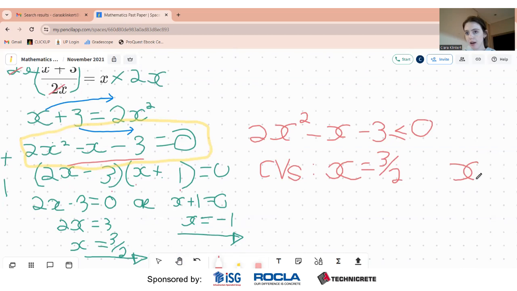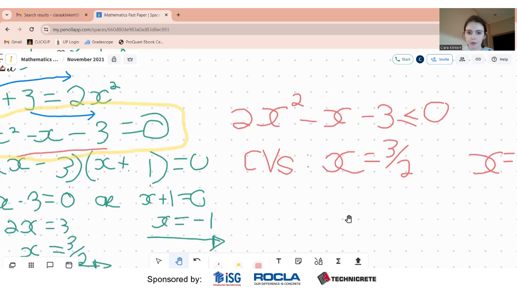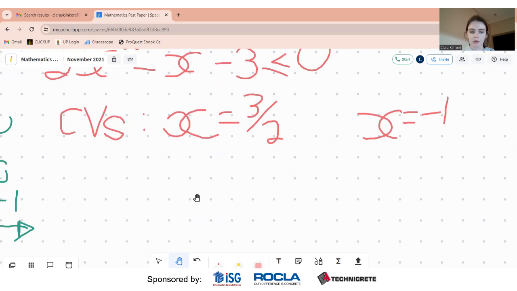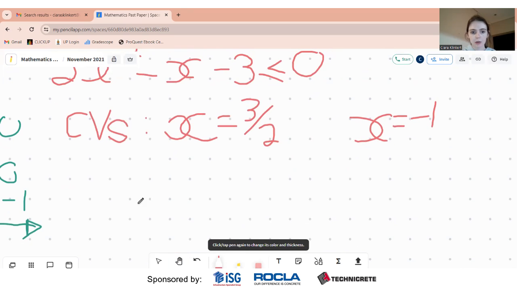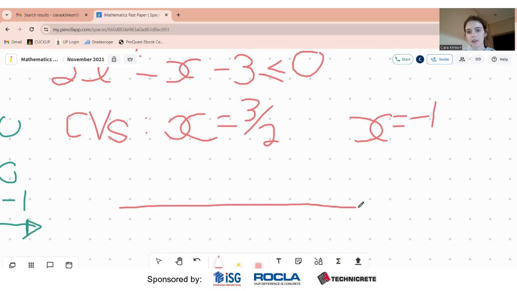Okay, now I need to draw the number line. I need to think which critical value will come first, minus 1 or 3 over 2. Minus 1 is going to come first because it's smaller than 3 over 2.